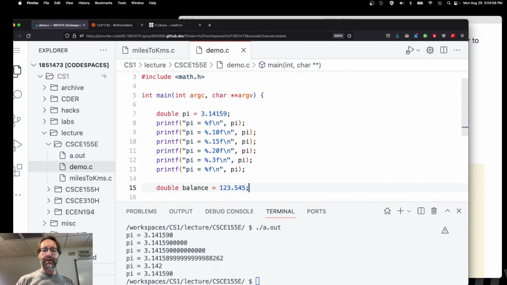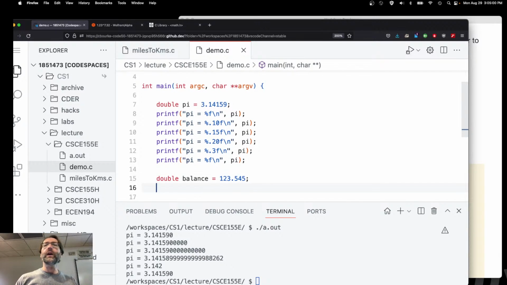And how can we do that? Let's go ahead and update our new balance. Double new balance. I want to round that to the nearest cent. Well, if I read the manual for the math library, I'll find that there is this nice round function there. I'll go ahead and round that balance.